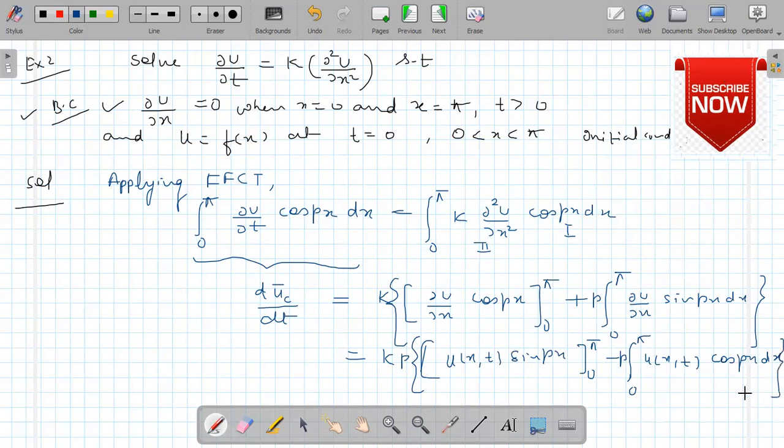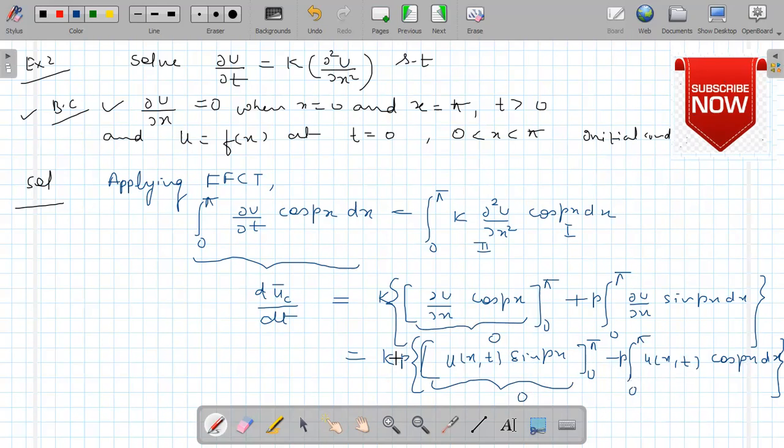Okay, so this whole term will be 0 at the upper limit as well as at the lower limit, because sine of pi is 0 as well as sine 0 is 0. So this will be 0. You should write the reason why they are 0.